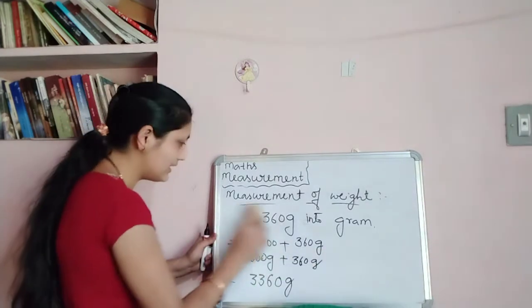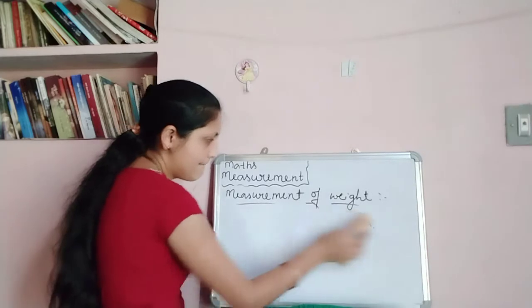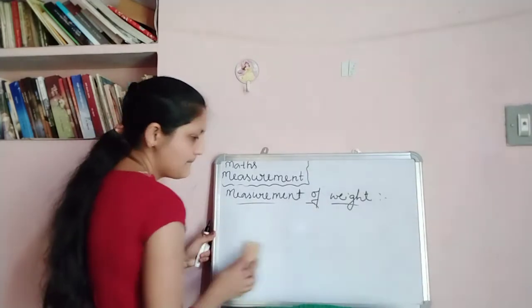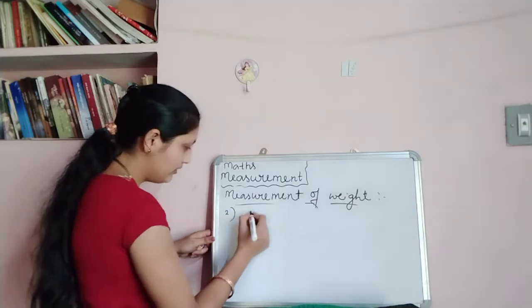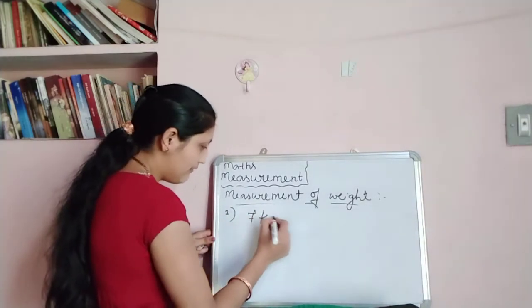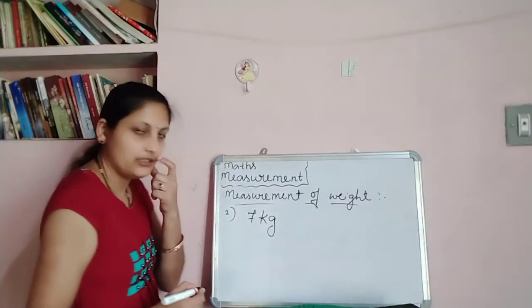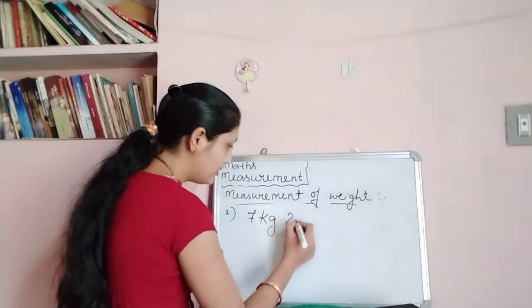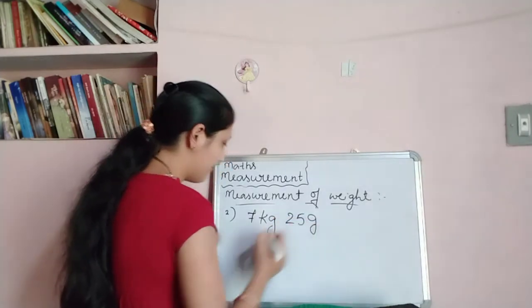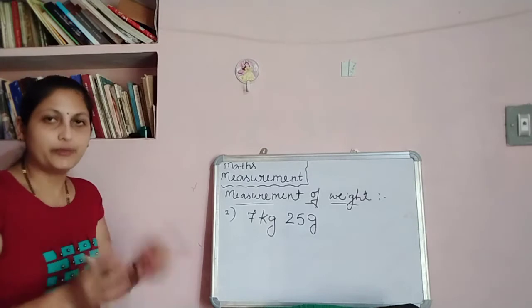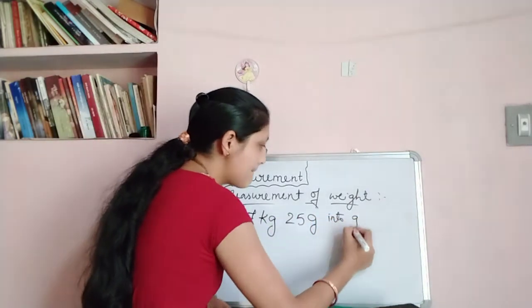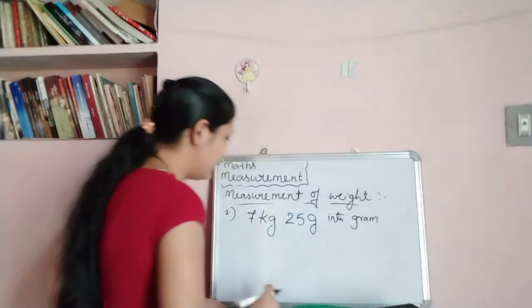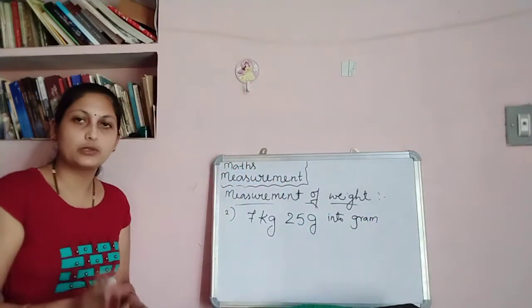Clear? Let us consider another example. 7 kg 25 gram into gram.